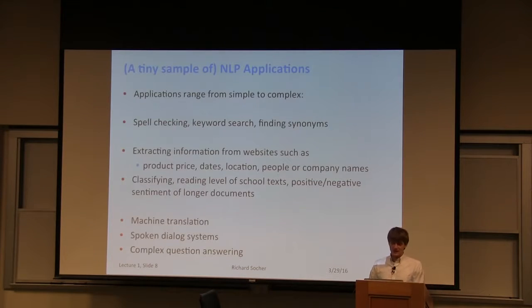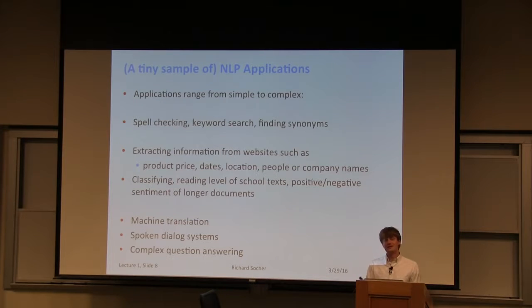All right, so let's look at a really, really tiny subsample of NLP applications, several of which we will implement in this class and cover. So it starts with really, really simple things: spell checking, keyword search, finding synonyms in a dictionary, for instance, or a taxonomy.